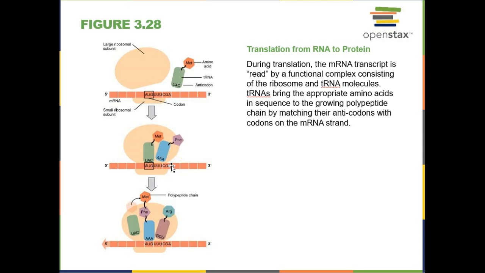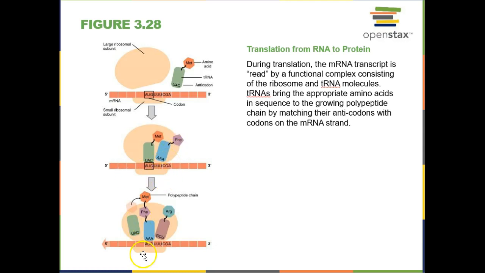So every tRNA with the AAA anticodon is always going to have this amino acid, phenylalanine, attached to the other end, so that every time UUU shows up in the mRNA as the codon, the tRNA is going to deliver phenylalanine because that is always matched up to the anticodon.